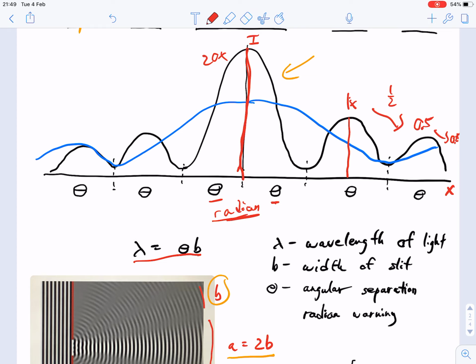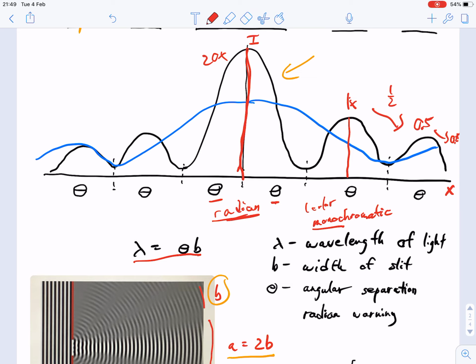So lambda is the wavelength of the light, and usually it is monochromatic light. So monochromatic, mono meaning there is only one color, which means there's only one wavelength and one frequency for that light.